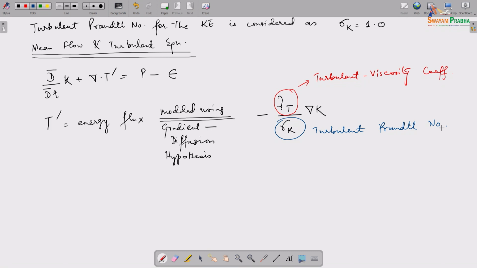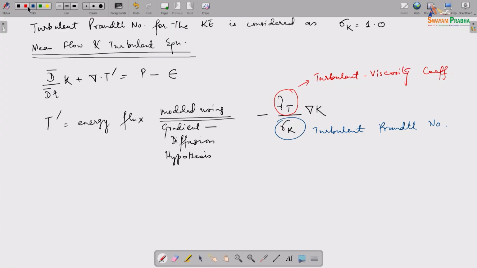Energy flux is proportional to this del K, which means that there is a gradient of K, and energy flux is proportional to that, the proportionality constant being the turbulent viscosity coefficient over the turbulent Prandtl number. So let me write this as an inference.